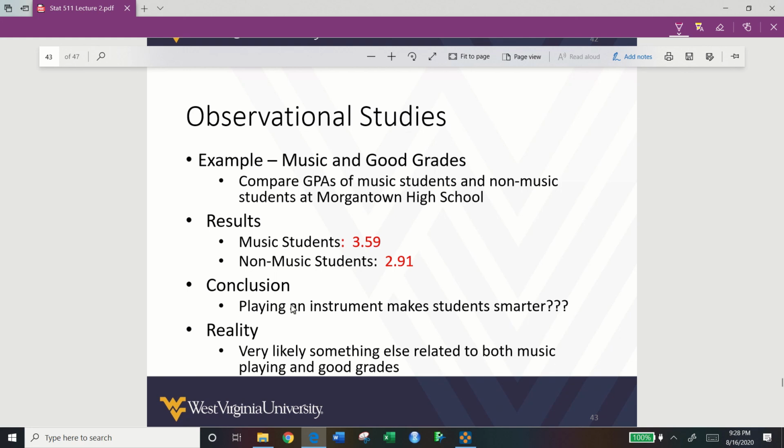Well, the problem with observational studies is you may be just looking at two factors, but because you aren't able to properly control, this brings in issues like students who play instruments might have to balance their time more, and when you're forced to budget your time better, you tend to be more productive.